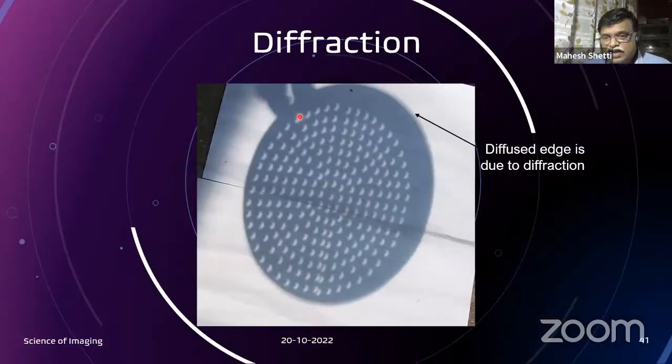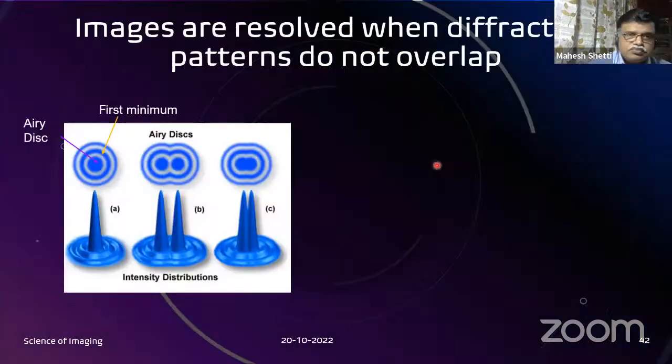Now, you can see diffraction even in sunlight. You won't see colors, but the haziness at the edge, the diffuseness at the edge, is because of diffraction. Of course, this is the pinhole effect, but here I want to show you the edginess. This edge is a diffused edge. It is because of diffraction.